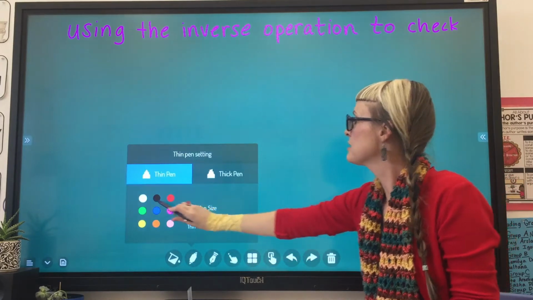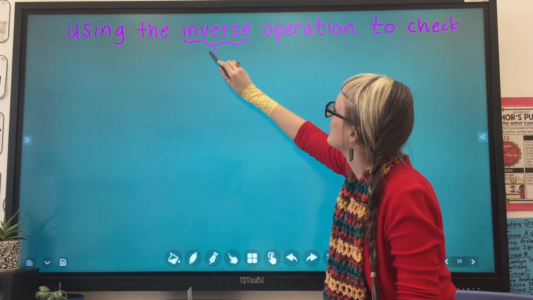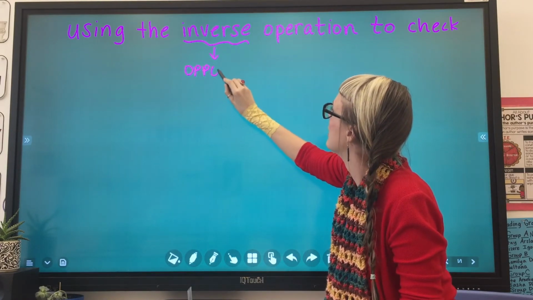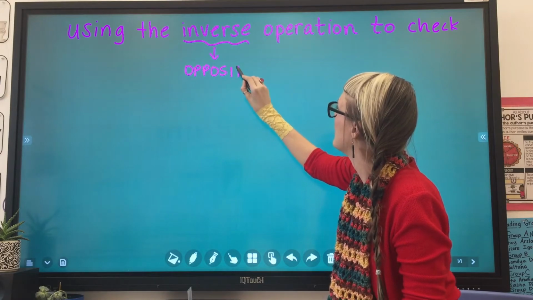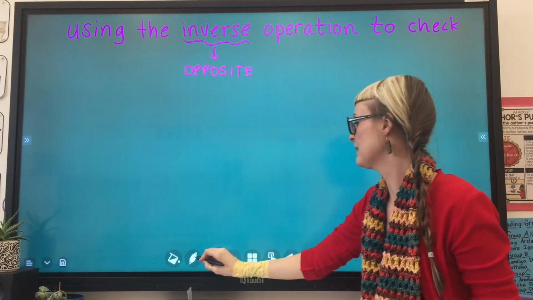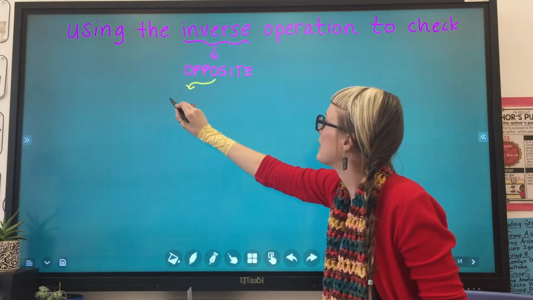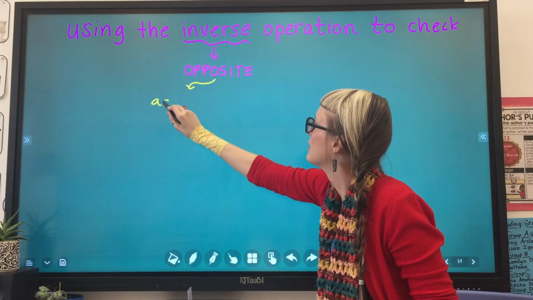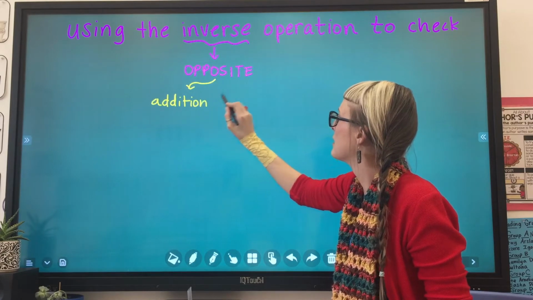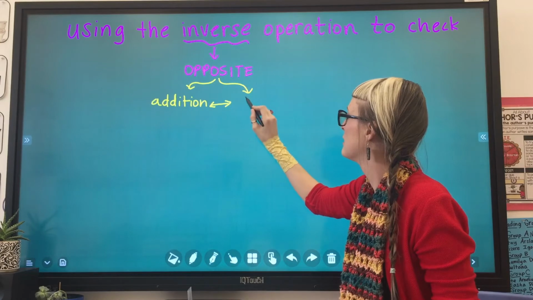So the inverse we talked about today means opposite. And the opposite of addition is subtraction.